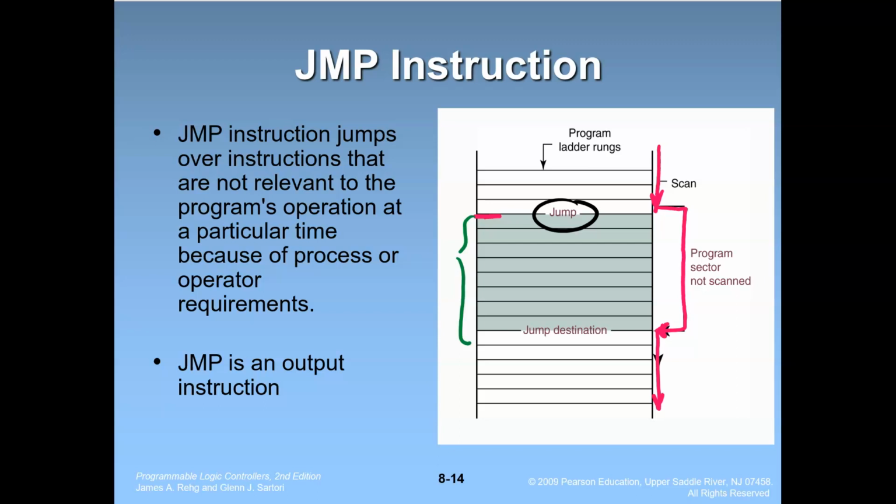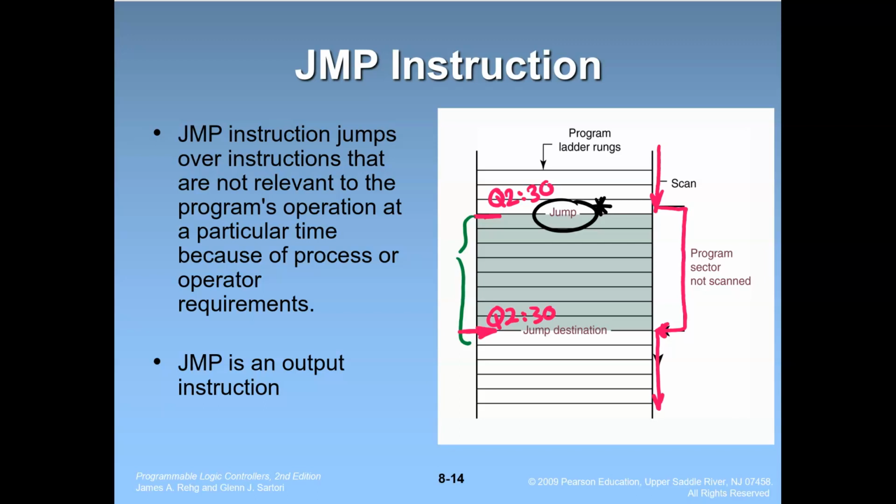There might be more than one destination, and the destination related to this particular jump instruction has the exact same reference number. For example, they are both Q2:30. So whenever this jump is active, the program will look for a destination with the same reference number, and let's assume that the scanner finds the label, which is the jump destination, with this same reference number somewhere here, so it will jump to this particular destination.